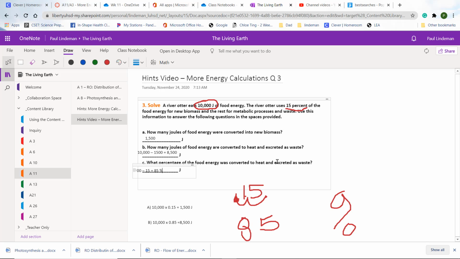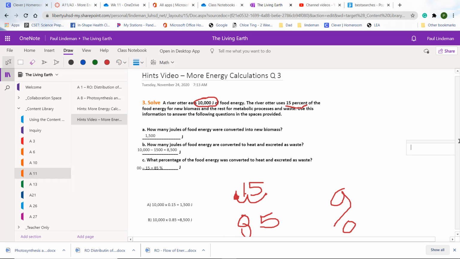So 85% of the energy was converted to heat energy and waste. And I have this wrong. I should have percent here and percent there, not joules. All right, so that solves this problem.